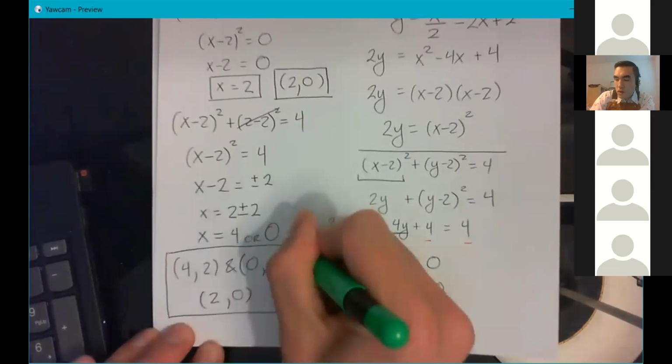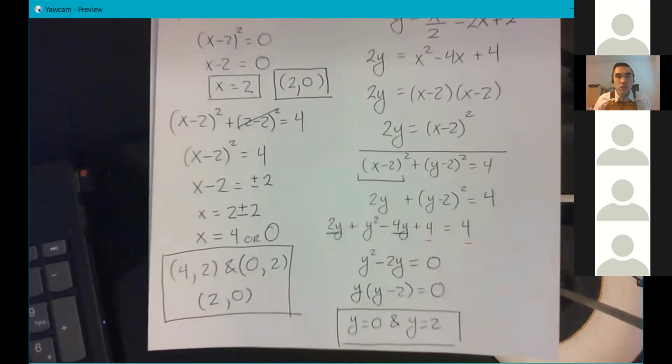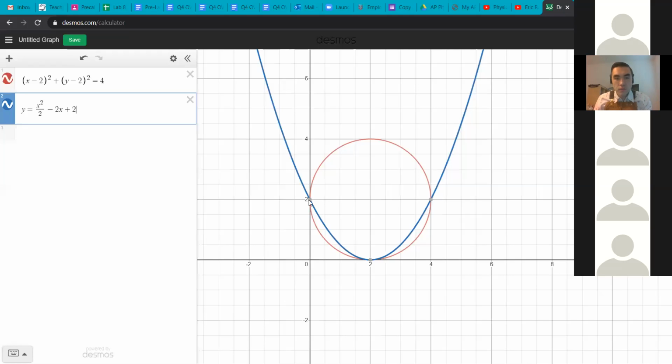And so the algebra bears out the fact that we get 3 intersections of these 2 functions. Not 2, not 4, but exactly 3: (0, 2), (4, 2), and (2, 0).